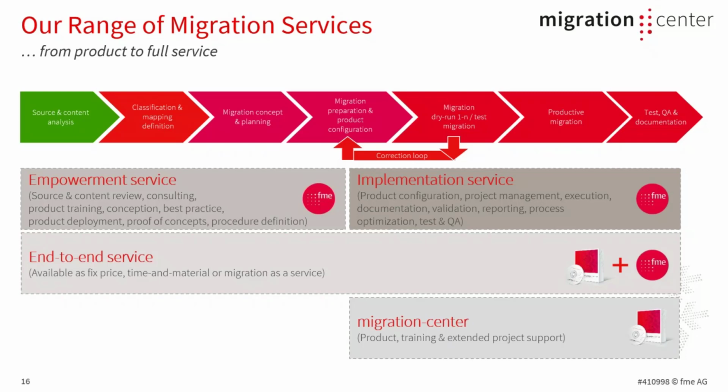The next step during a project is typically to define a classification and mapping definition. That means a clear definition of how to map the target information to the source information or source objects. This will then be one of the most important elements of the migration concept itself.